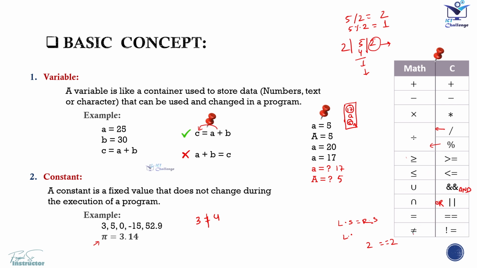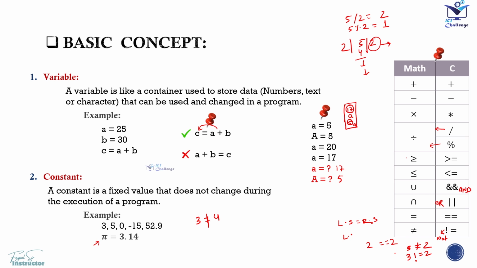Also in mathematics we write 3 is not equal to 2, where in C programming you have to write 3 exclamation sign, then equal, then 2. The exclamation sign indicates not, so 3 != 2 means 3 is not equal to 2.